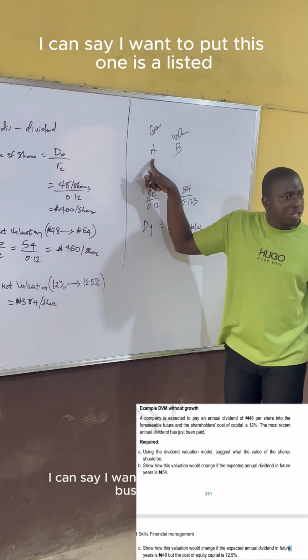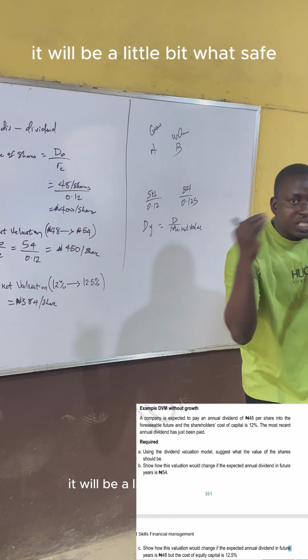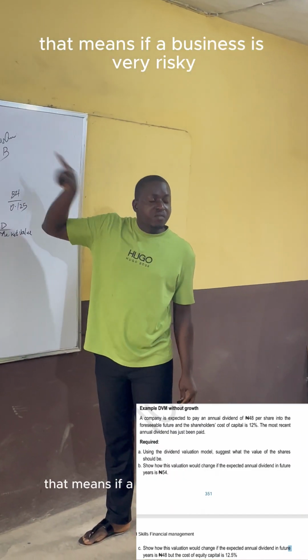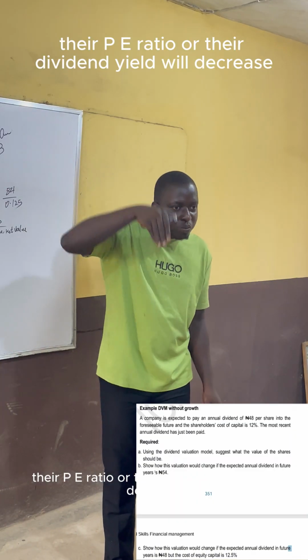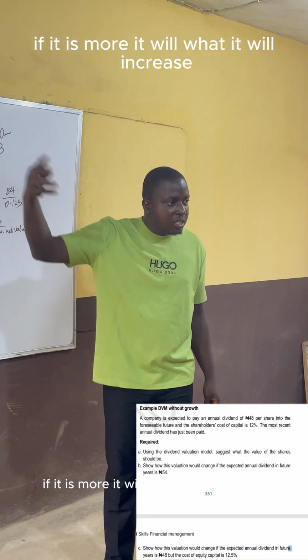Because this one is listed, if I put my business there, it will be a little bit safe. But this one is very risky. That means if a business is very risky, their PE ratio or their dividend yield will decrease. If it is more, it will increase.